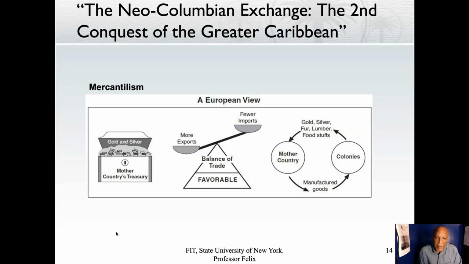And so they will amass, as you can see here to the left, as much as possible of the wealth, particularly gold and silver in the case of Spain, and will export more than they import. That way they have a favorable balance of trade. And you can see the chart here. So this is very important in terms of how these empires were built.